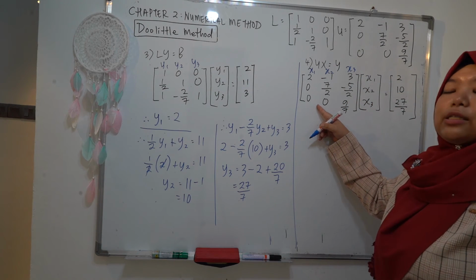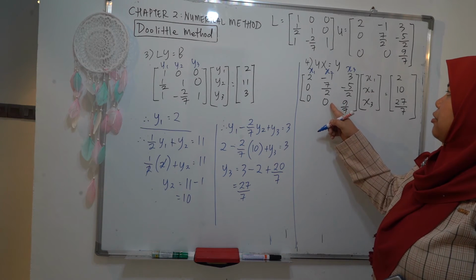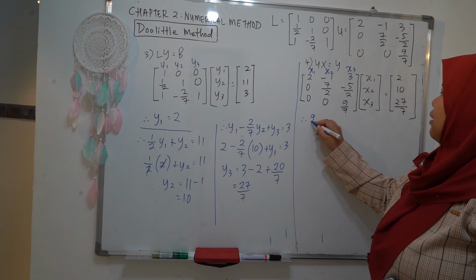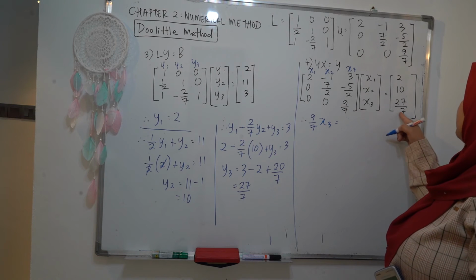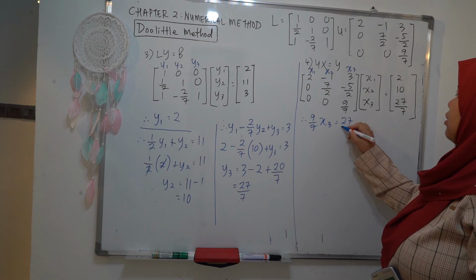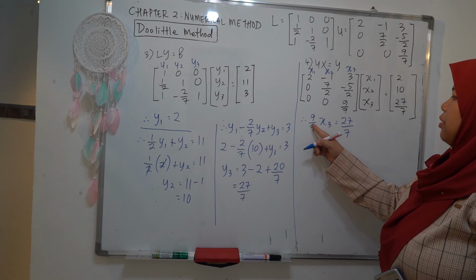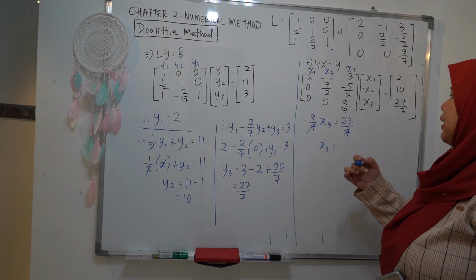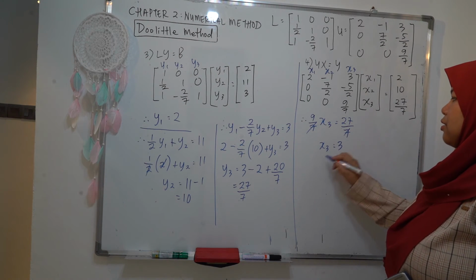So I start with the third row: 0 times x1, 0, plus 0 times x2, 0, plus 9 over 7 x3, equal to 27 over 7. So what do we get? Because the denominator is the same, 7 and 7, I can cancel. So 27 over 9 is 3.